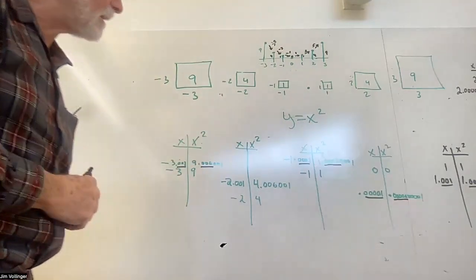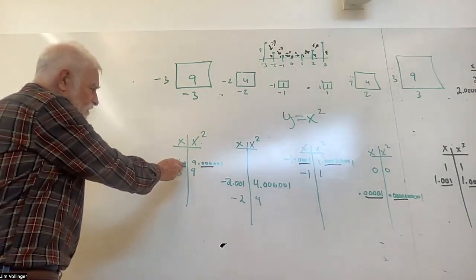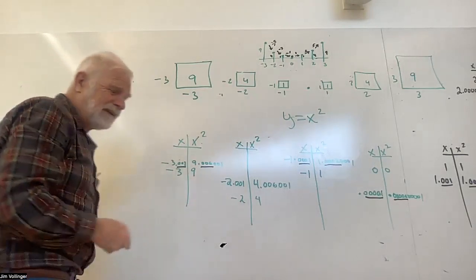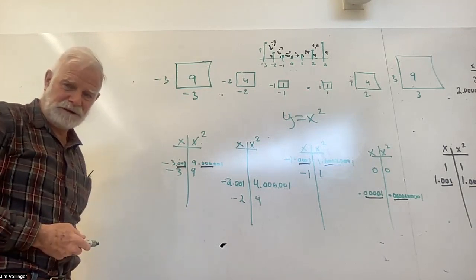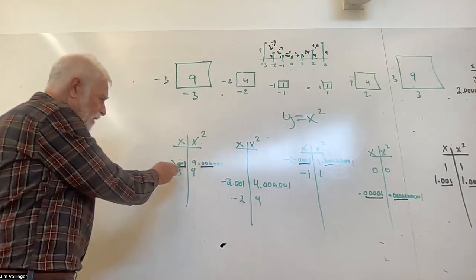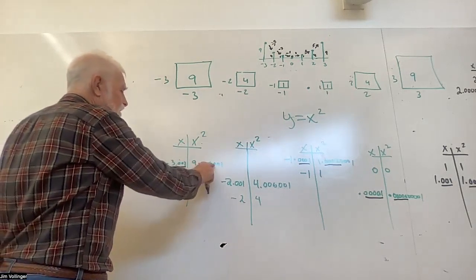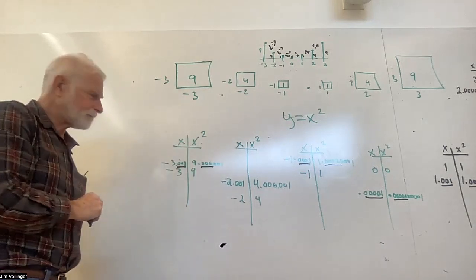Now we're going to start to go from -3.001 to -3, and we're going to square those numbers. I didn't use a calculator for any of these calculations because I've seen the pattern over the years. If you square -3.001, you get 9.006001. 3 decimals become 6 decimals.